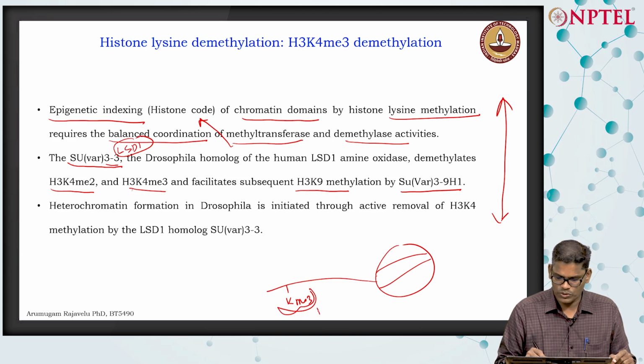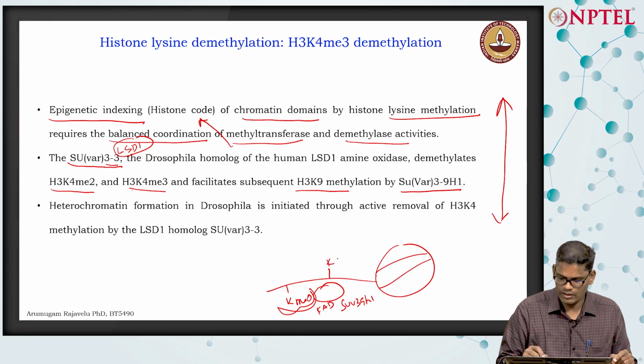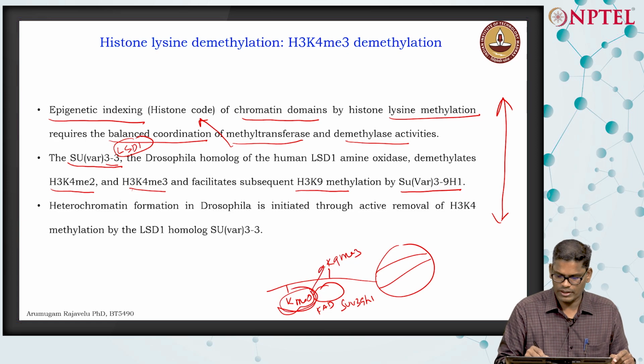In this case, LSD uses FAD as a cofactor, and it converts Me3 to Me0, and in addition, it brings in SUV39H1. It is an enzyme which methylates at K9 to give the Me3 mark. So, this is the conversion from demethylation to methylation, basically activation to repression.